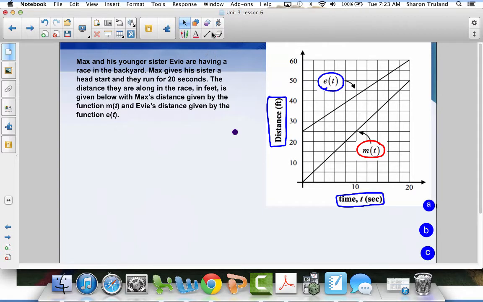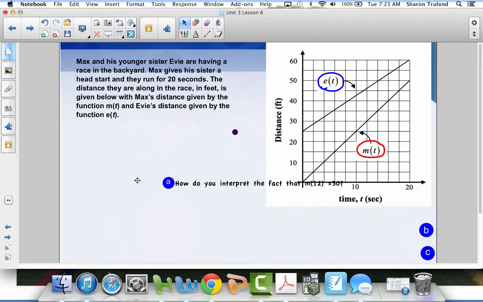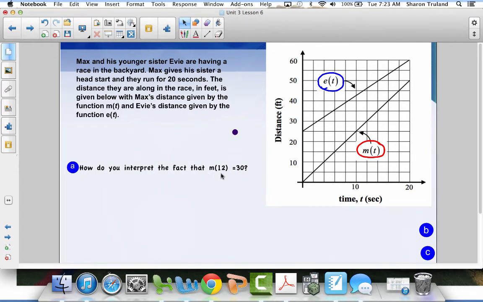So let's just make sure we really understand how to read this graph before we start doing any math behind it. So the first question, do we really understand what m of 12 equals 30? Well, the first thing we have to realize is that the m stands for Max.